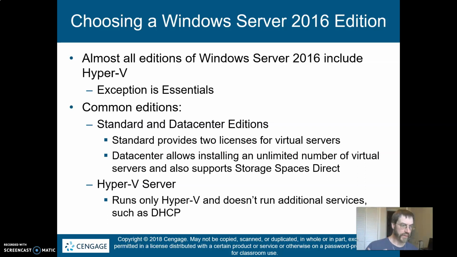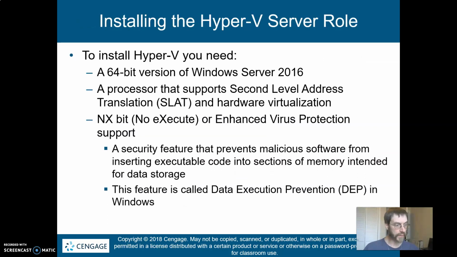So we'll need a couple of things to get Hyper-V installed. We need Server 2016. We must have the 64-bit edition. Hyper-V in Server 2016 will support both Gen 1 and Gen 2 VMs. Gen 2s can only be 64-bit, so in order to support that, you need a 64-bit OS.